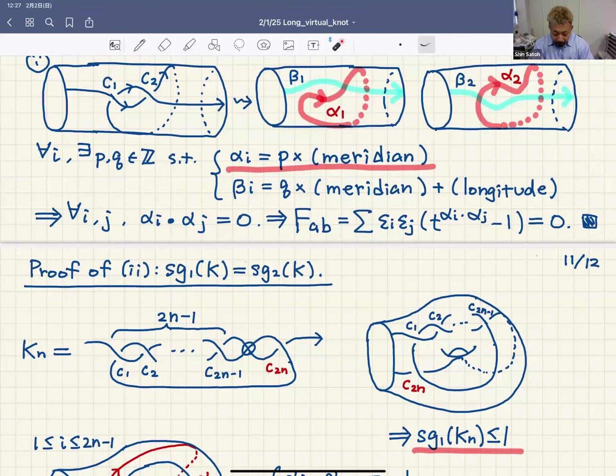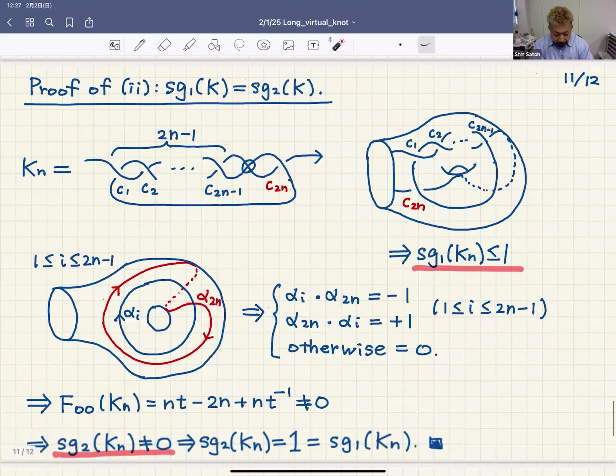On the other hand, we see that the intersection polynomial F00 is equal to nt minus 2n plus nt inverse. Since this polynomial F00 doesn't vanish, the two supporting genus is non-zero by the lemma.